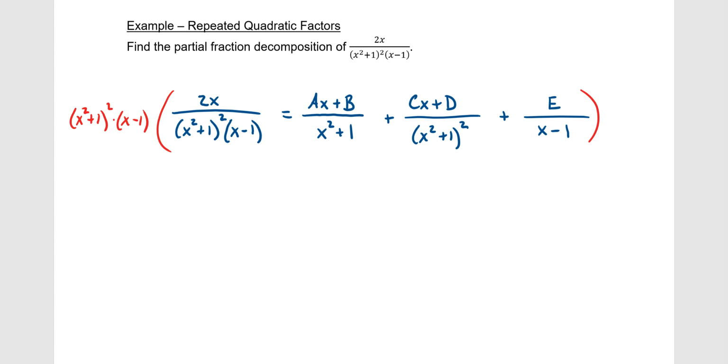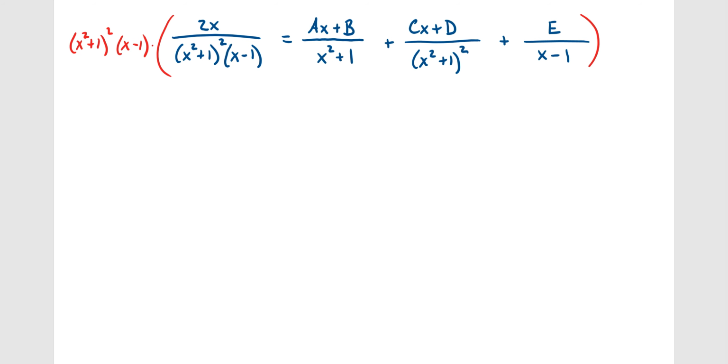So we multiply every term by that, and let's see what cancels off. On the left, we're just going to be left with 2x. On the right, we're going to have ax plus b. The x squared plus 1 is going to cancel, but we're still going to have one of them, and the x minus 1, because it was originally squared over here.